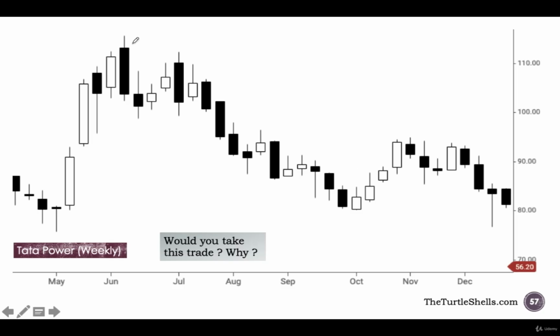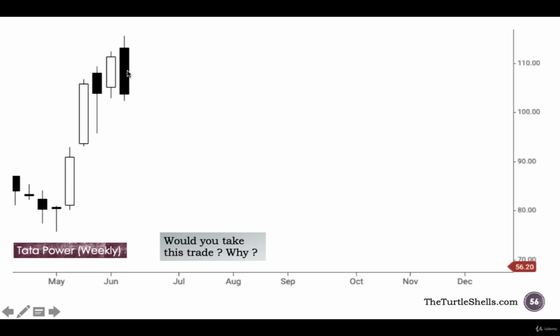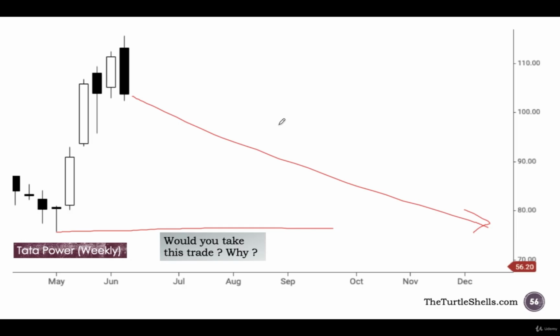But as a conservative trader, I would not take this trade. But as an aggressive trader, definitely I would take that trade and expect the price to go down and reach this support created by the hammer.